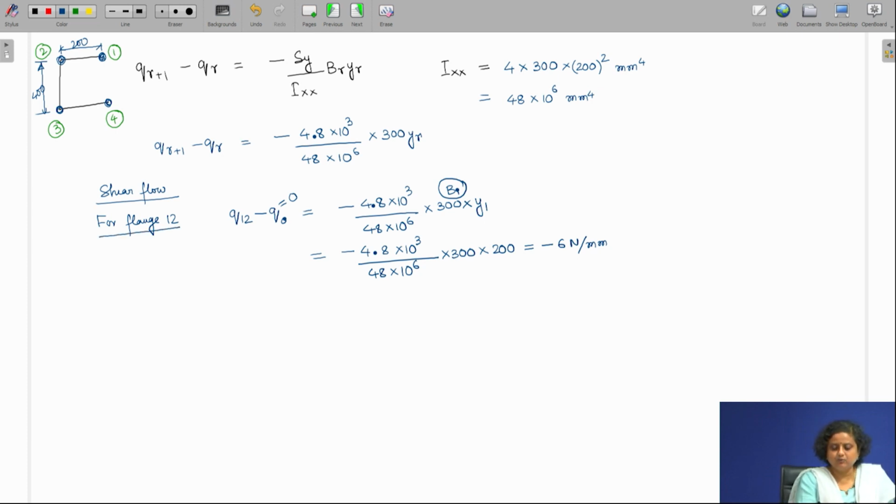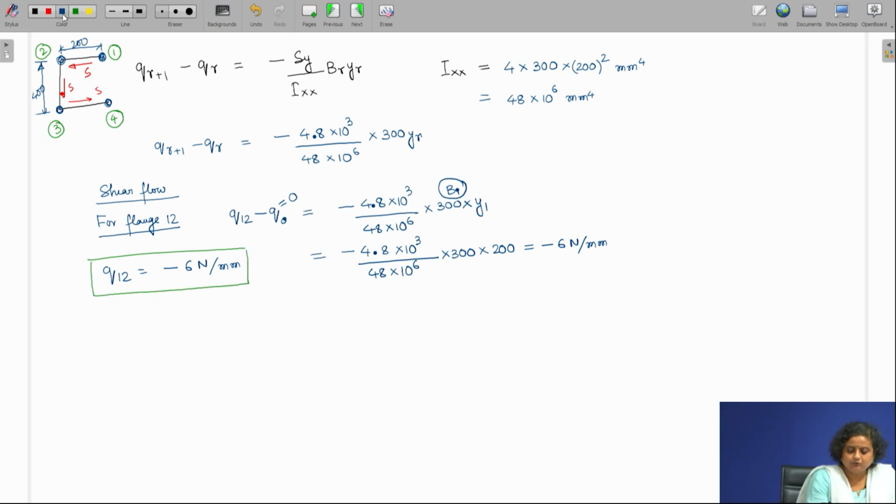So, therefore, Q12 is minus 6 Newton per millimeter, and our S coordinate is taken in this direction. This I have taken to be the positive direction of S. So, Q12 is therefore minus 6.